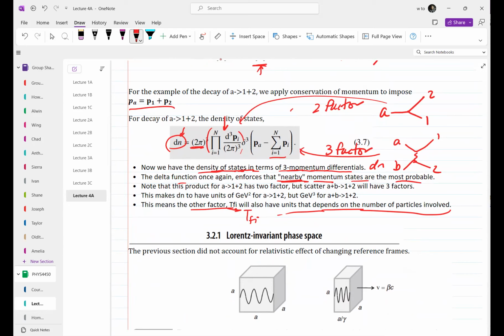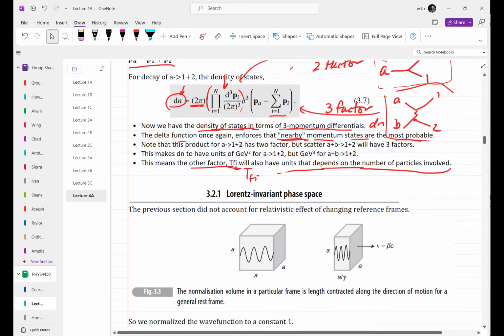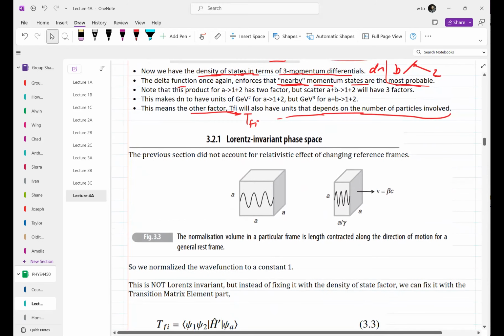Most of the calculations we're going to be dealing with are either a decay or a scatter, so you either have 2 factors of momentum or 3 factors of momentum, depending on the process. The problem is when you have second order stuff that we're not going to deal with in this class, but maybe you will in the future, then you have to keep track of how many factors of momentum you're dealing with.